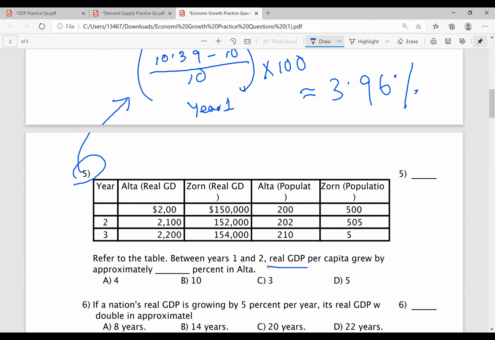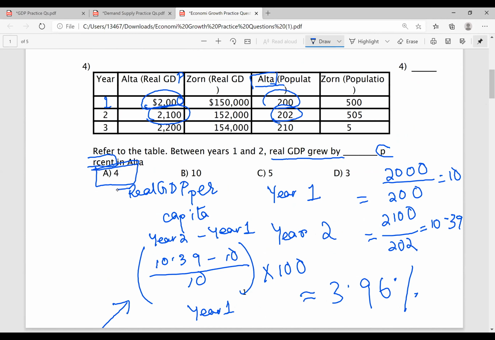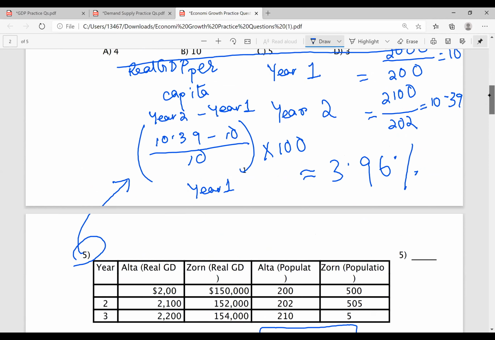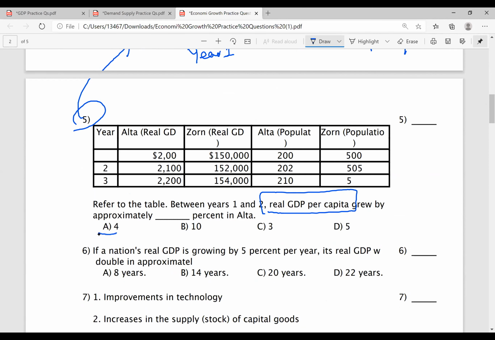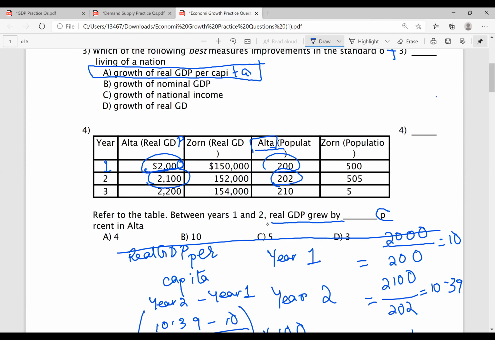Question number 5 is asking us for real GDP per capita. Okay, this is the solution to question number 5 because I think I messed up here. Question number 5 is asking for real GDP per capita. Oh, this question is really just asking me for real GDP.